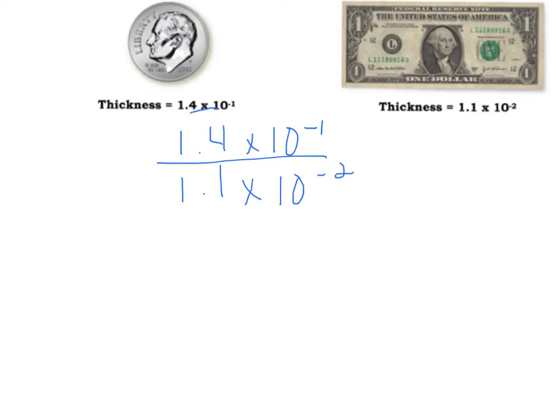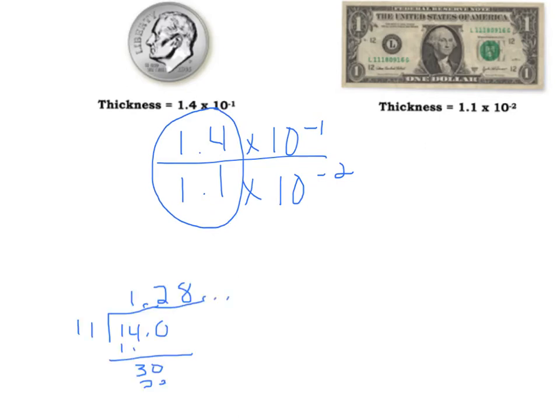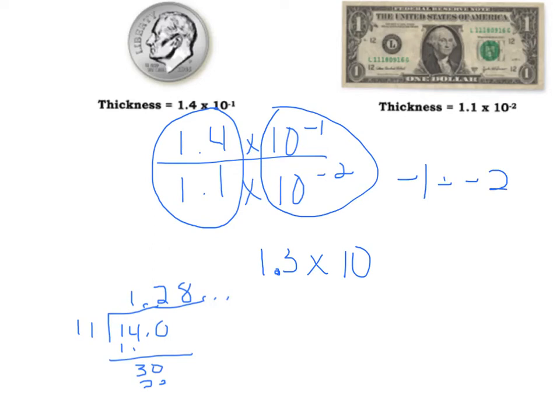And then we're going to do some dividing. When I divided, I came up with 1.28, etc. So I am going to just round to 1.3 times 10 to the, and then remember when we are dividing powers with the same base, we subtract. So negative 1 minus negative 2, so keep, change, and that's a 1. So we have to multiply 1.3 times 10 to the first, and we want it in standard form, so we have to move this over.